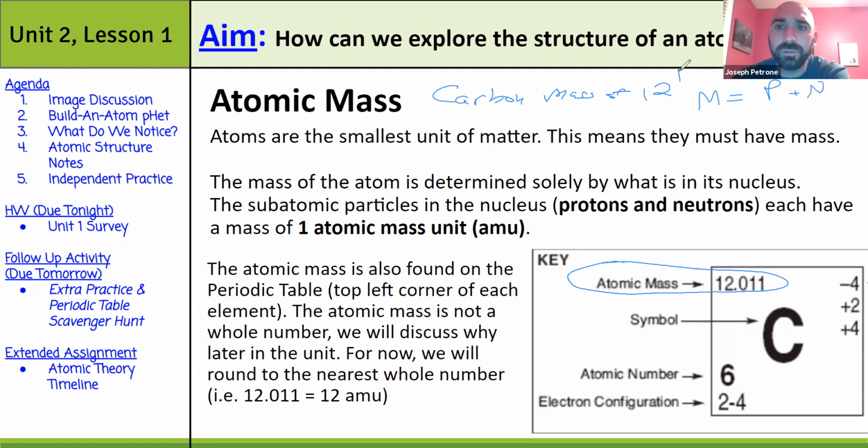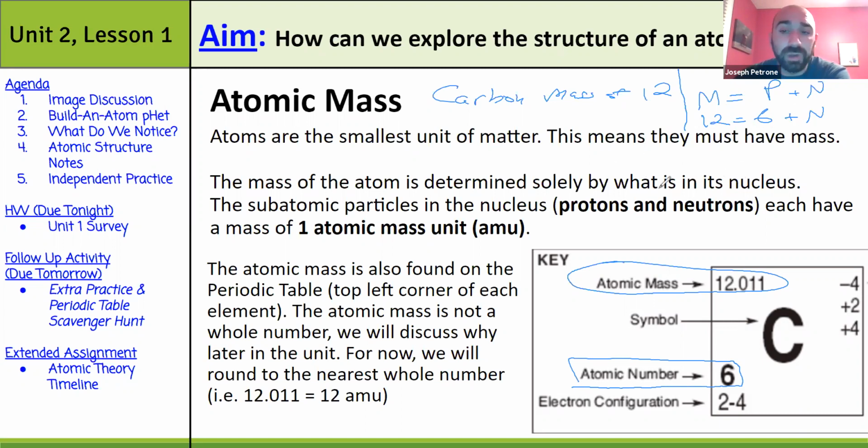Just going to section this off. If I know the mass of carbon is 12, and I know that it has 6 protons because the atomic number is 6, to determine the number of neutrons, I would just solve for n. So in this case, an atom of carbon is going to have 6 neutrons.